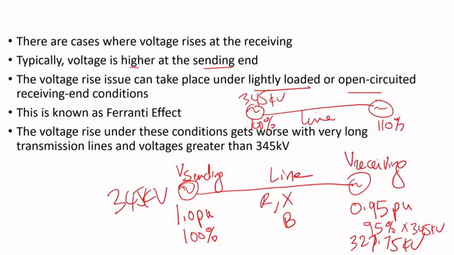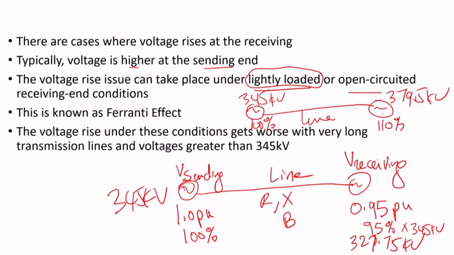So it could be 379.5 kV, which intuitively does not make sense, because we know as you go down, voltage drops. The reason is that when you have a system that's lightly loaded, in other words, there's less load to consume voltage and bring that voltage down, then you're going to have voltage rise.